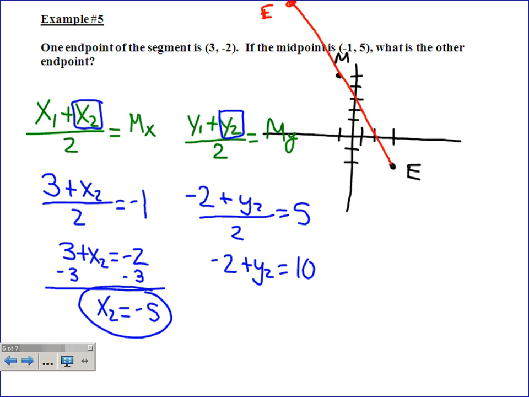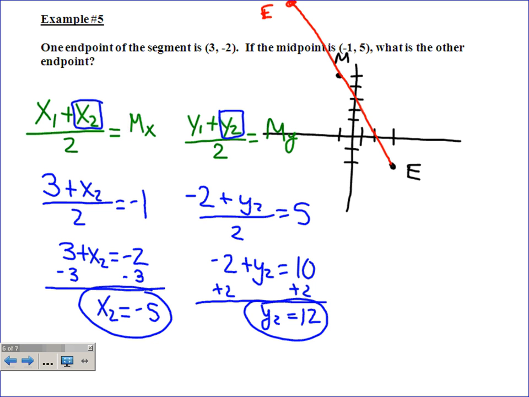We got 10, hopefully. And if we do the opposite operation here, we're probably adding 2 to both sides. And your y coordinate is going to equal 12. Could that be 12 up, maybe? I mean, this is 5 up. Maybe that's about 12. Yes, sir. I multiply both sides by 2 to get this 2 off the bottom of the fraction. I wanted to clear that fraction first.